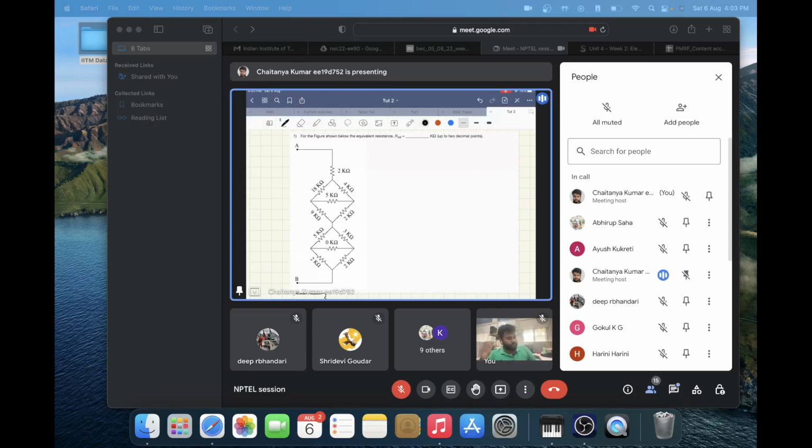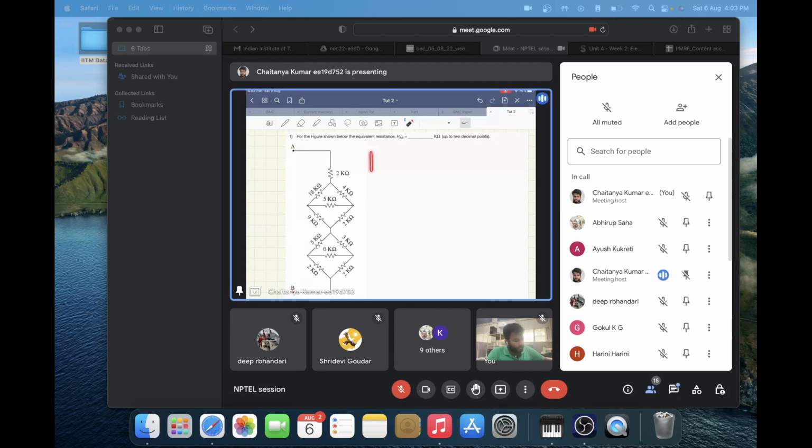So the question is there on your screen. It is a question to find the equivalent resistance between point A and B, and please try it out.